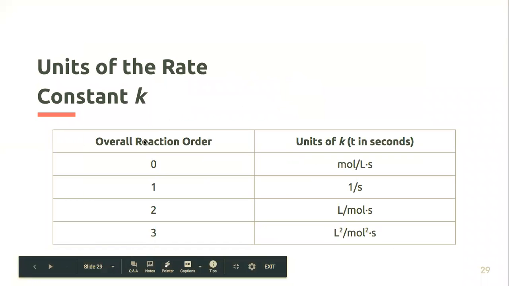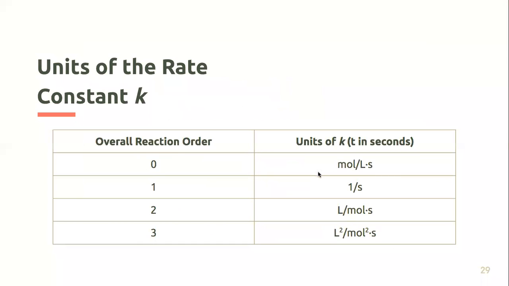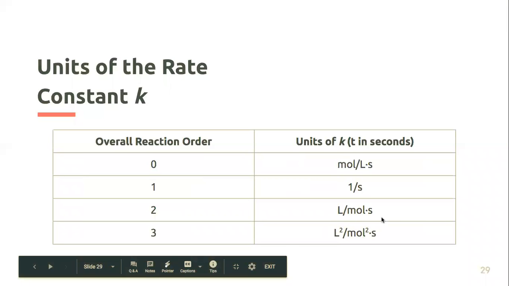But for a 0 order reaction, we're going to have moles per liter times seconds. For a first order reaction, we're just going to have 1 over seconds, or s to the negative first. A second order reaction is going to have liters per mole times second. And as I said, a third order reaction is going to have liters squared per mole squared times seconds.